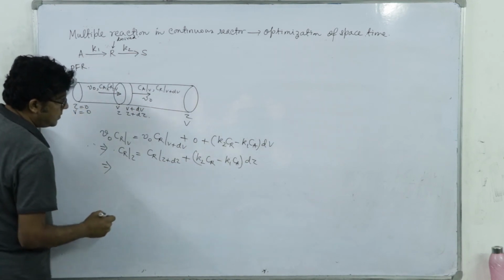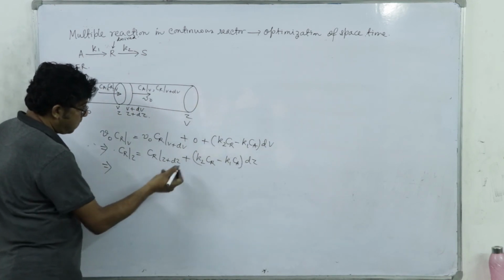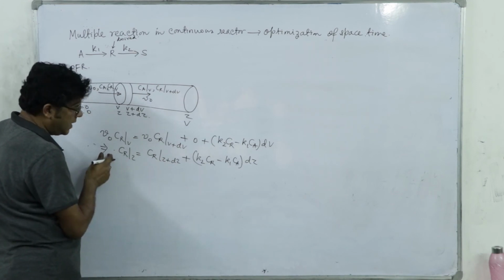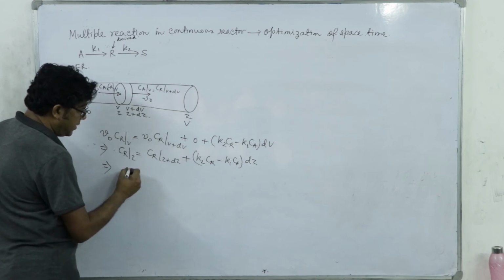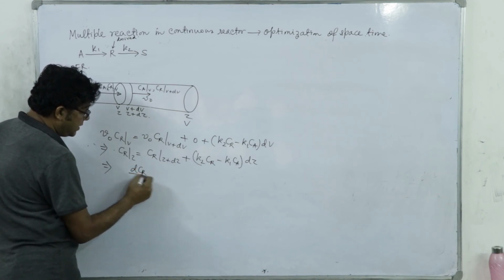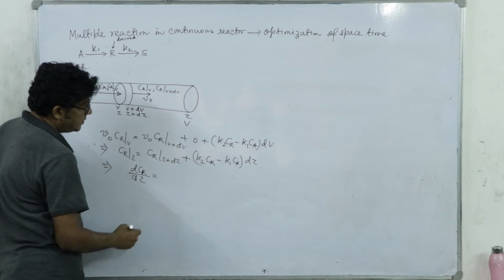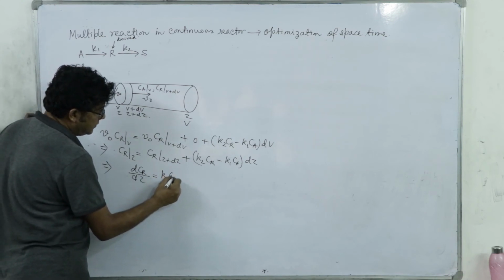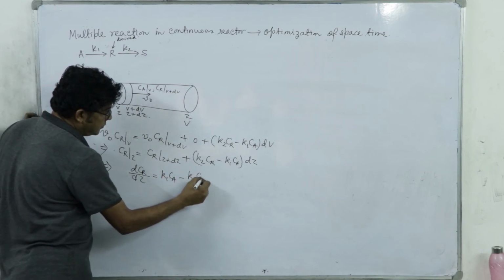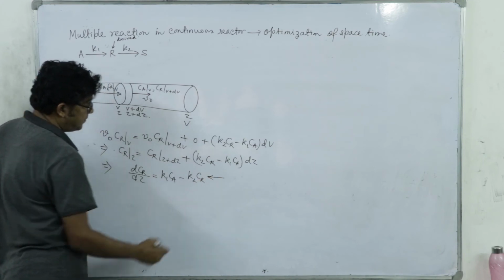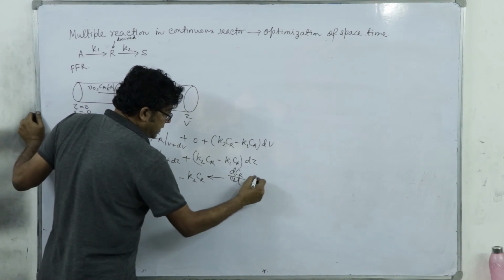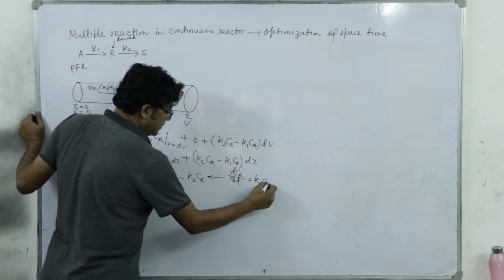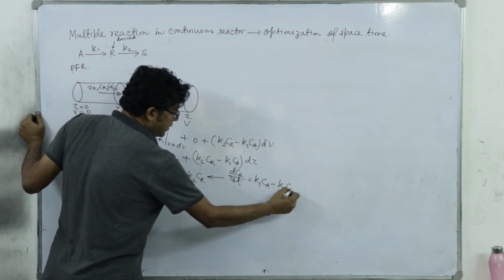So you see that if we shift this on this side and divide this by d tau, so we'll get dCr d tau is equal to K1Ca minus K2Cr, which was same as the batch, and that shall be dCr dt is equal to K1 Ca minus K2 Cr.